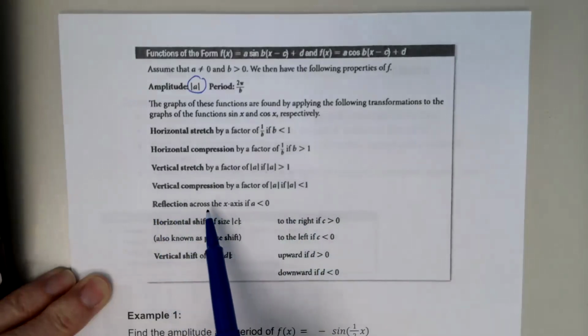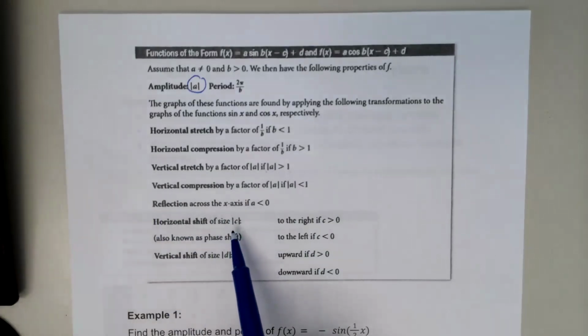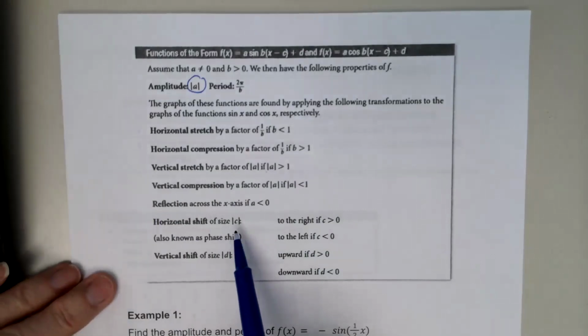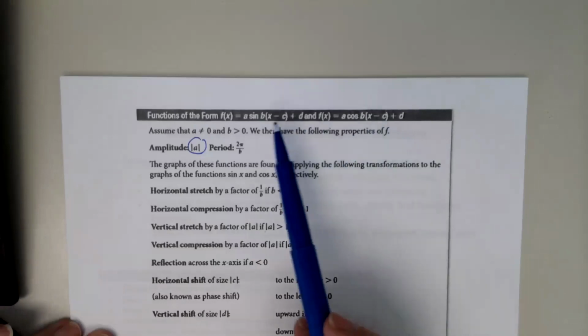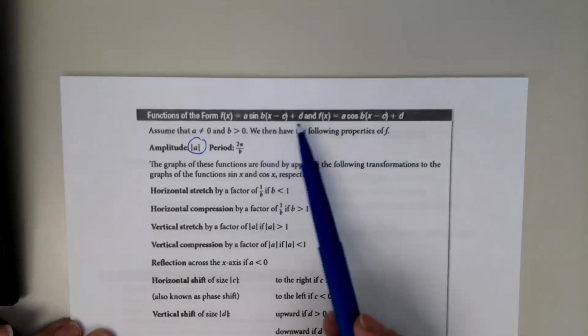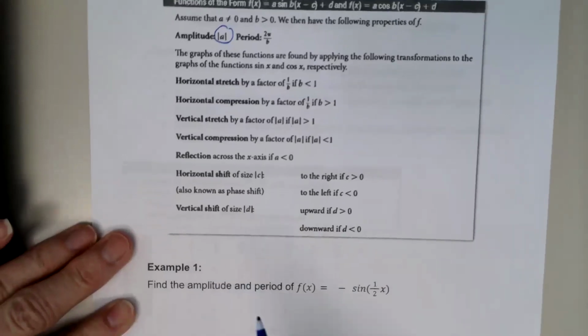There could be a reflection across the x-axis if a is less than 0. There could be a horizontal shift, a left and right shift of c, as we've seen in other functions this semester, x minus or plus c. And then there could be a vertical shift, an up and down shift afterward.